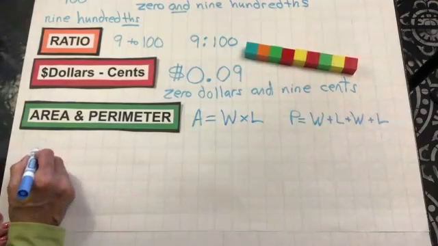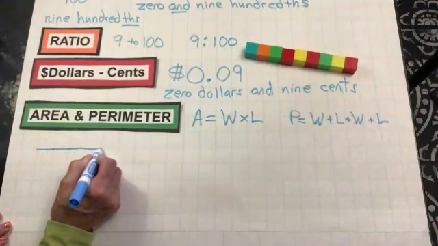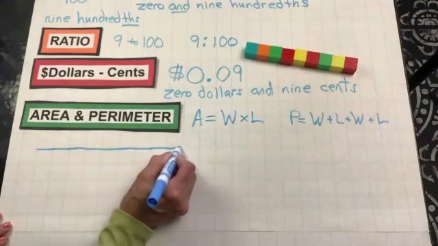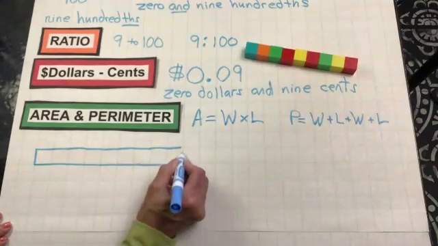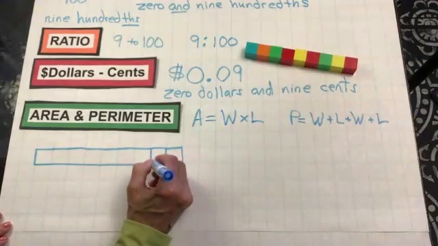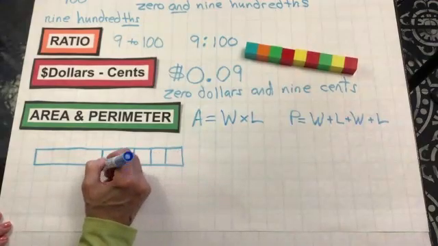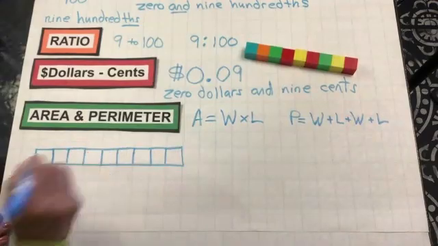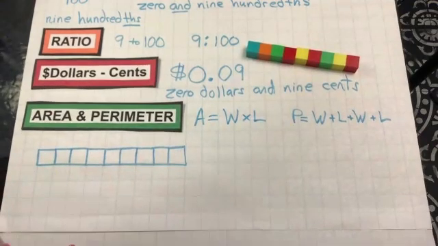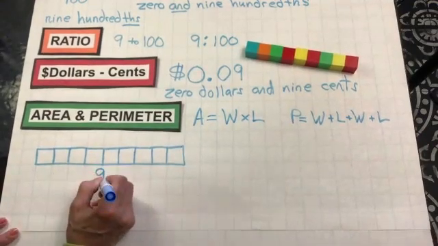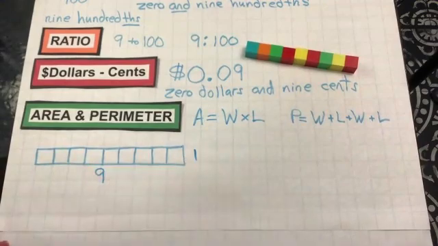Let's go ahead and draw our 1, 2, 3, 4, 5, 6, 7, 8, 9. And you're just drawing a rectangle and dividing it up into 9 parts. And it's going to get harder to do it with our bigger numbers. So if you just draw a rectangle, a long, skinny rectangle like I just did, and then mark it 9 and 1.